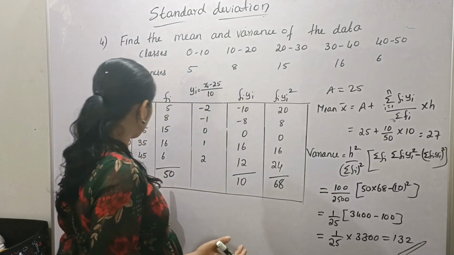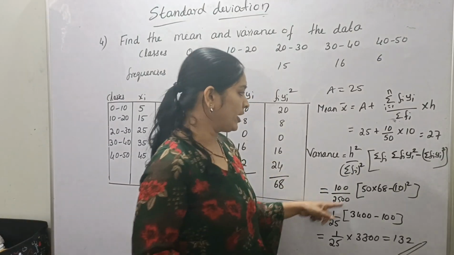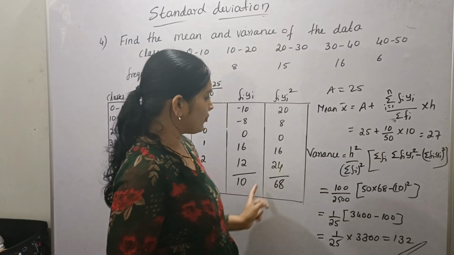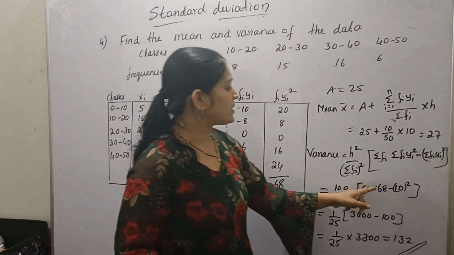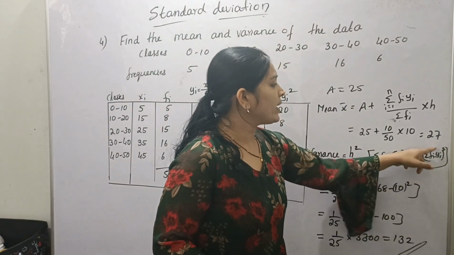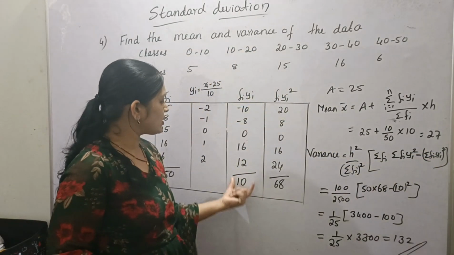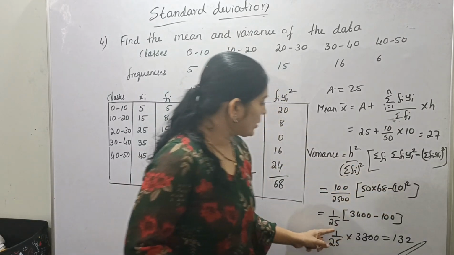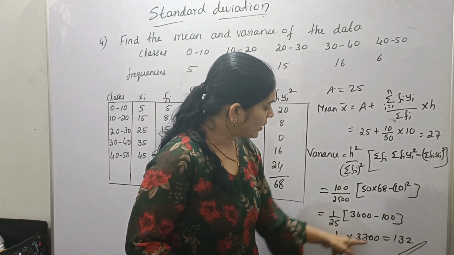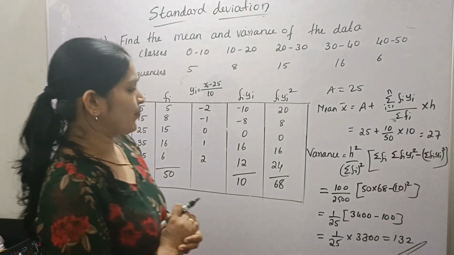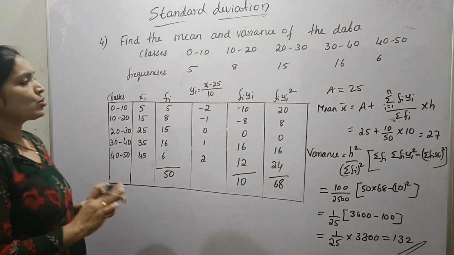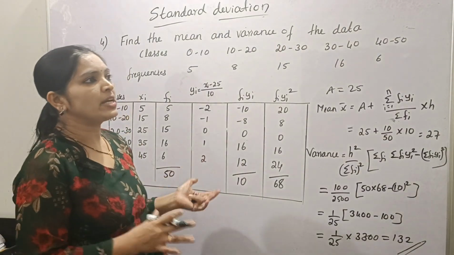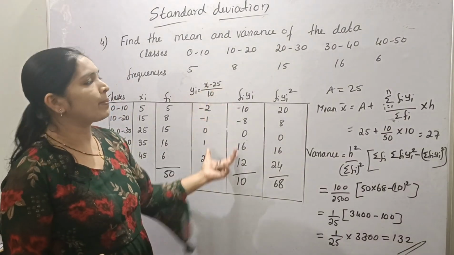Sigma fi is 50, its square is 2500, into sigma fi is 50, into sigma fi yi square, the sum is 68, minus its square, that is sigma fi yi is this one, 10 square. So after calculating you will get 132. Okay, so here we have got variance is 132. So if you are asked to find the variance using shortcut method, you have to apply this formula.